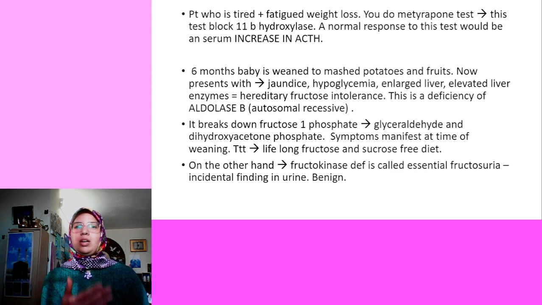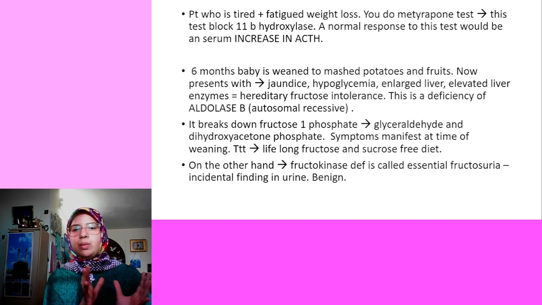So hexokinase is going to increase because you have no fructokinase, and then when you convert the fructose to fructose 1-phosphate, you want to convert that into glyceraldehyde and dihydroxyacetone phosphate, and you need aldolase B for that, so that doesn't happen. So what ends up happening is phosphate is stuck in the fructose 1-phosphate, similar to how galactosemia works.